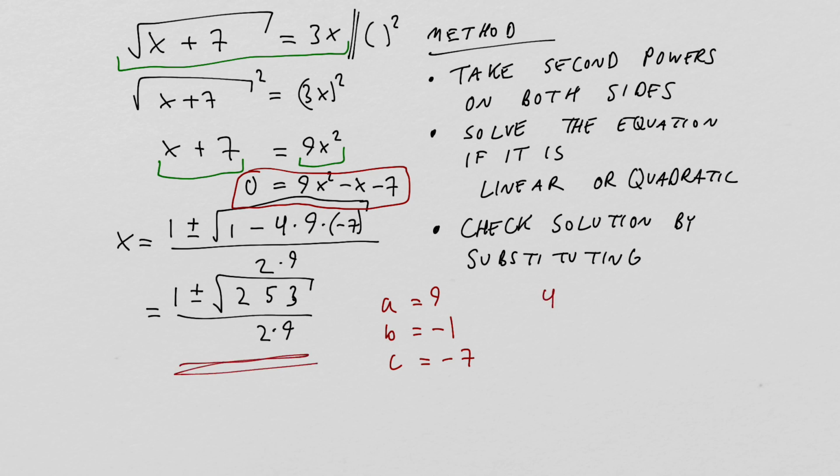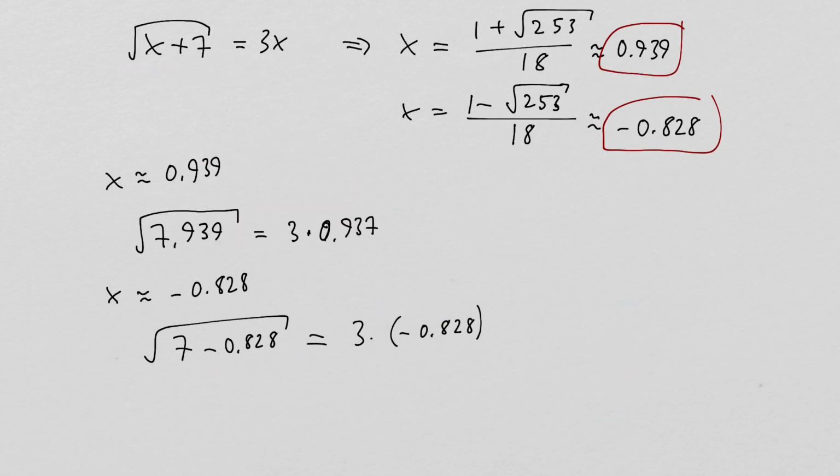Here 4 times 9 is 36 and 36 times 7, 6 times 7 is 42, 7 times 3 is 21, we get 252. Together with this one it's 253. So these are our preliminary solutions, and if we put them in a calculator we get these values.